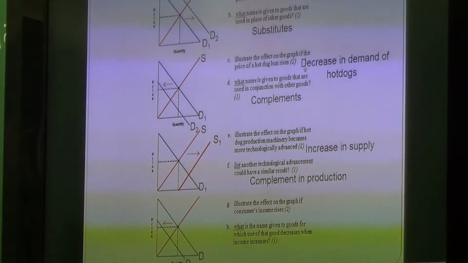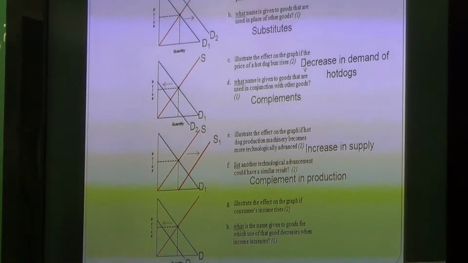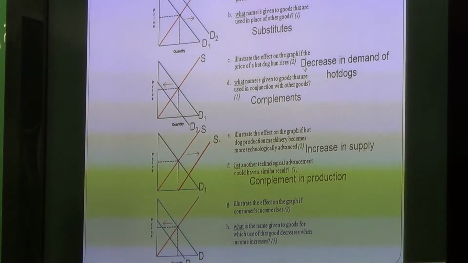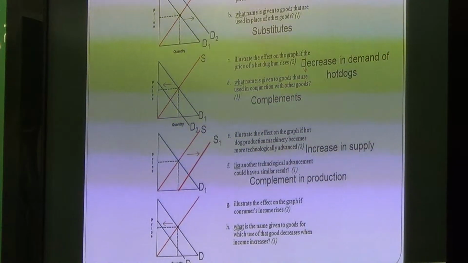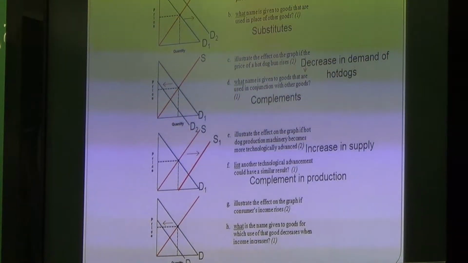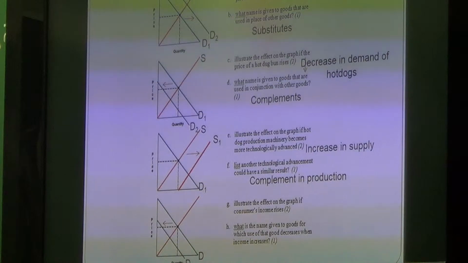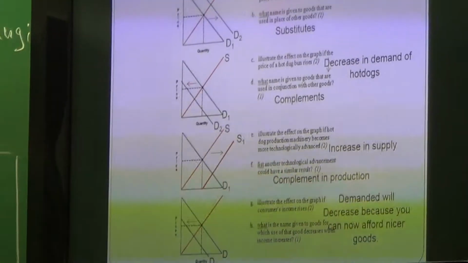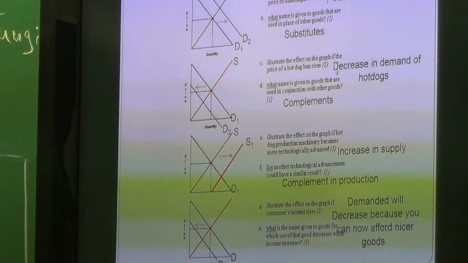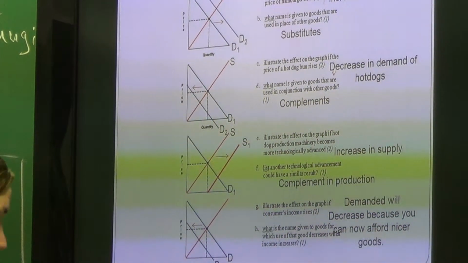Does that make sense? But what if it was a normal good? If it's a normal good, you're gonna shift to the right. For a nice car, you're gonna demand more of it as your income increases. Okay. So demand will decrease for inferior goods because you can now afford nicer goods.